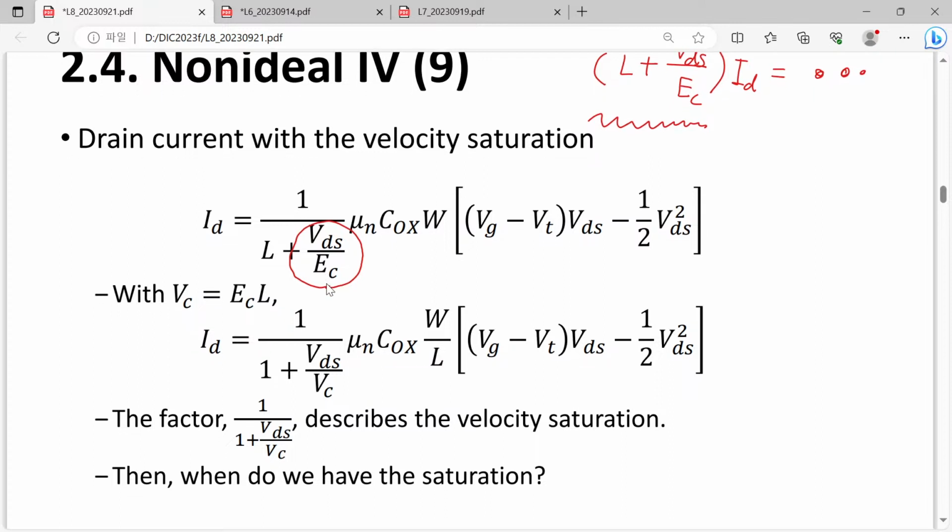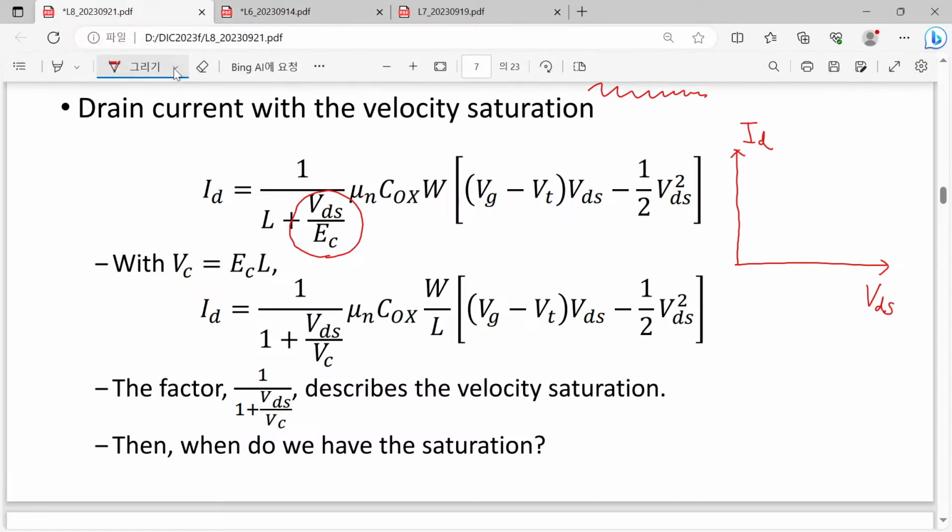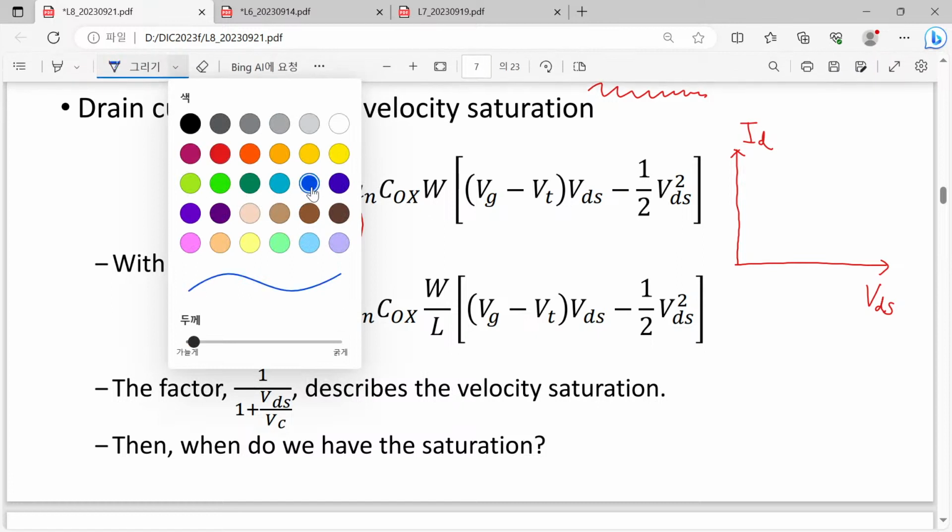We have to also consider, then, now think about this one. Let's say that we neglect mobility degradation due to vertical electric field, then ID versus VDS. We wanted to draw the output characteristics of our transistor. Then what will happen?